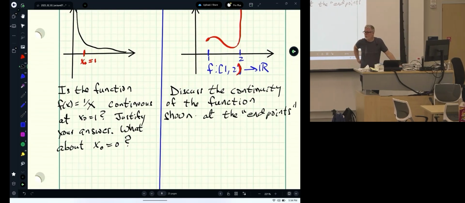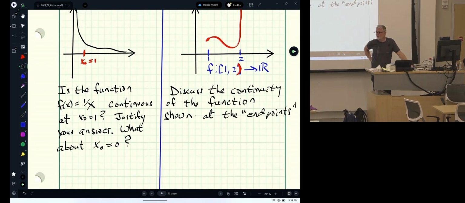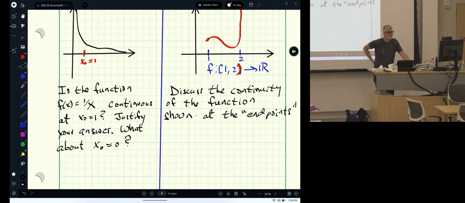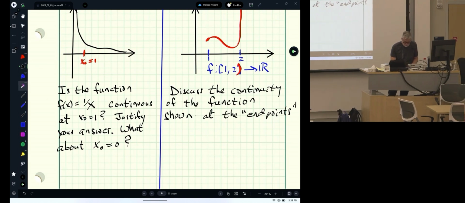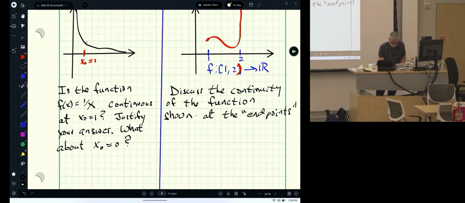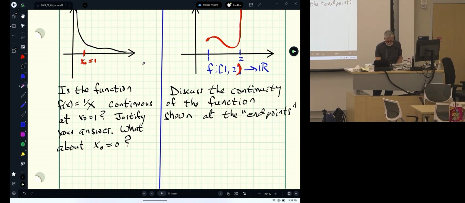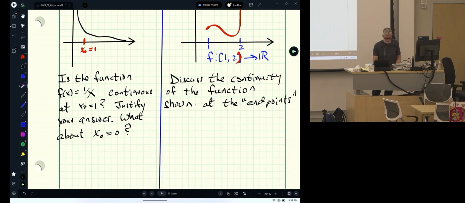Okay, so what do you say? Is the function continuous at x0 equals 1? I see a nod, okay. The value of the function, limit from the right, limit from the left, they all agree.